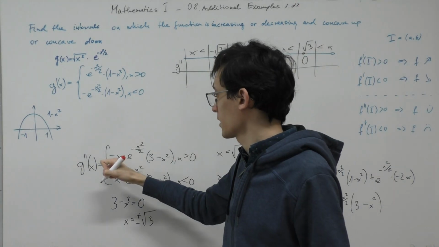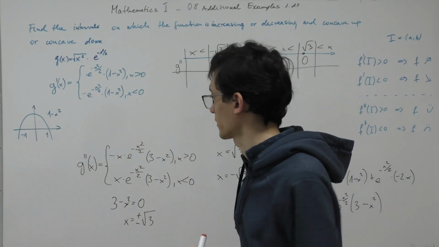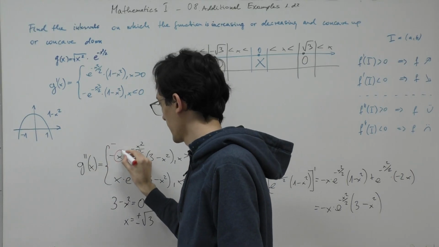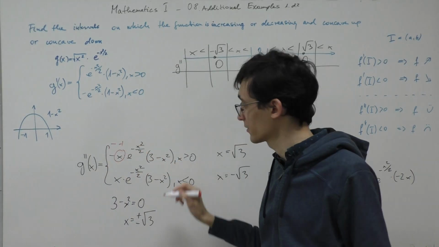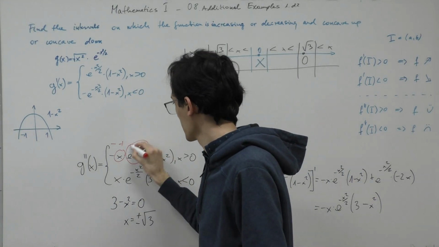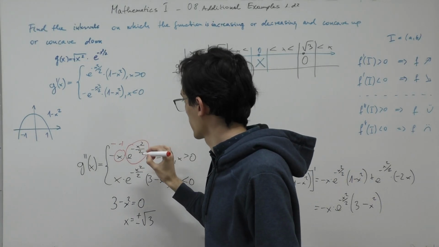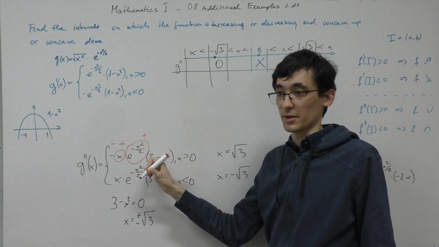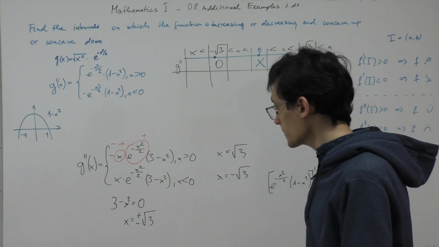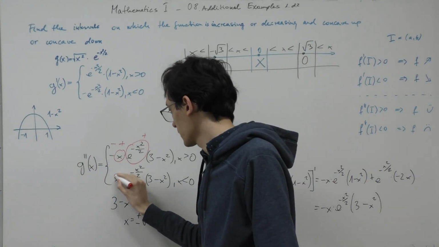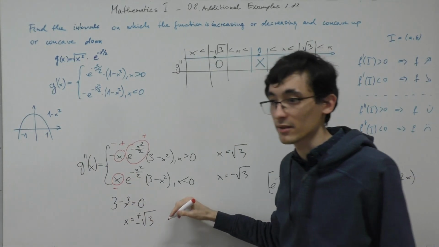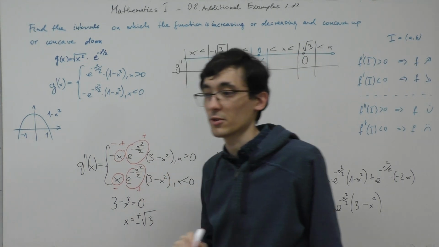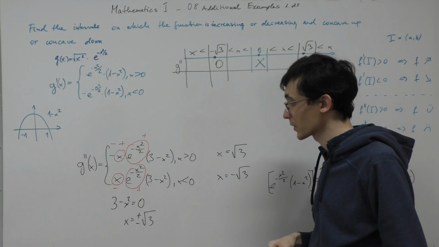and we can see that in the x is greater than 0 case, we have a negative sign here. X is of course positive, e to the negative x squared over 2 is positive, so the sign will only depend on this part. Here again we have x which is less than 0, and this factor is the same, so it will be positive.